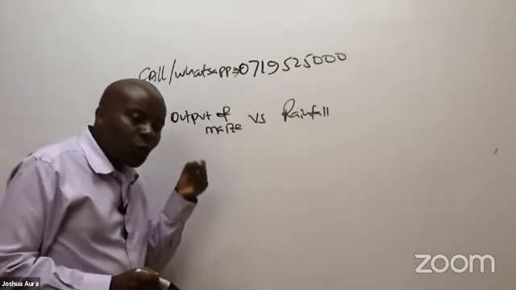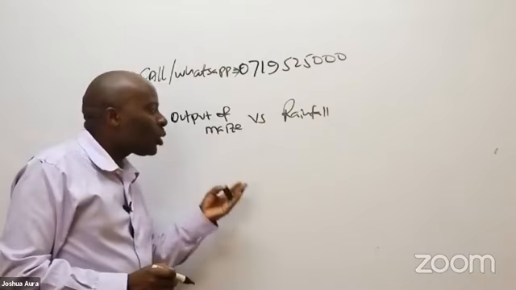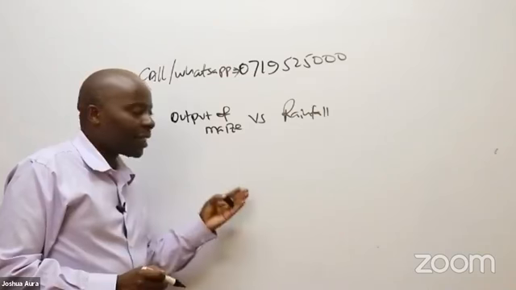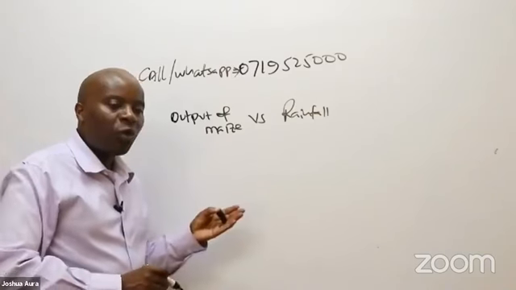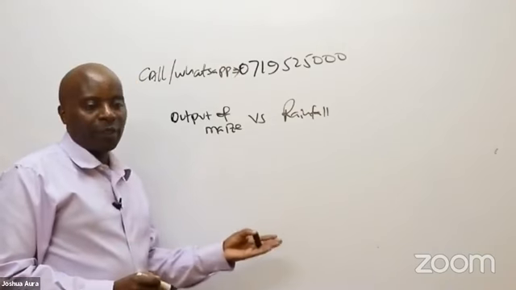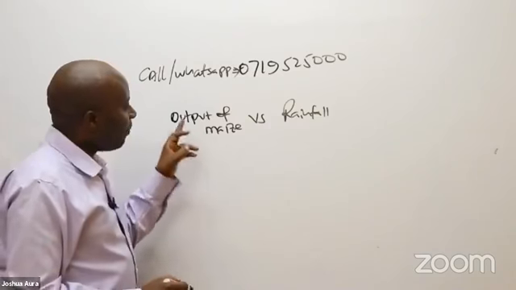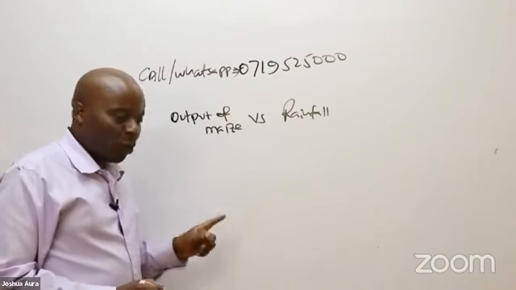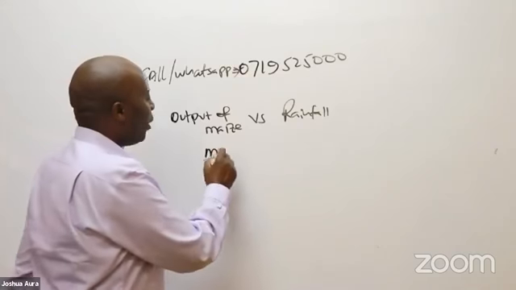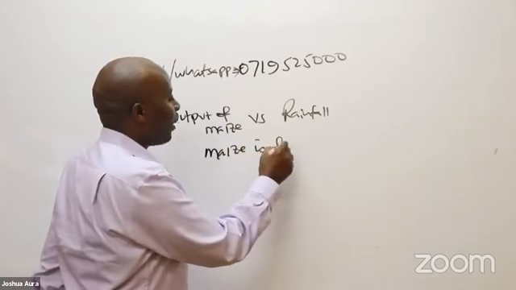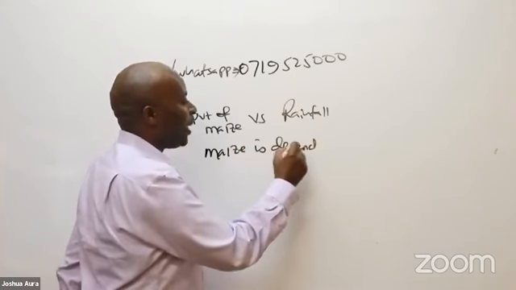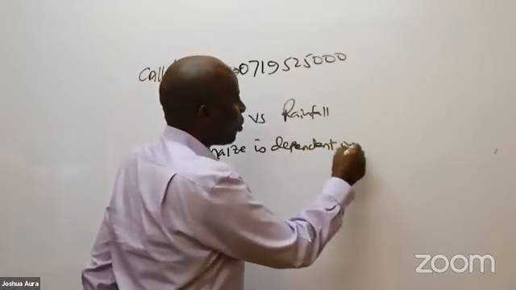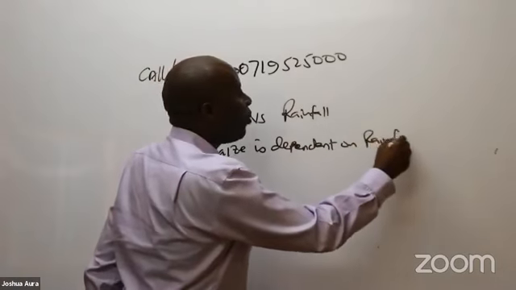It is true that the output of maize we shall get is majorly dependent on the rainfall amount. So you're saying that the output of maize is dependent on rainfall.